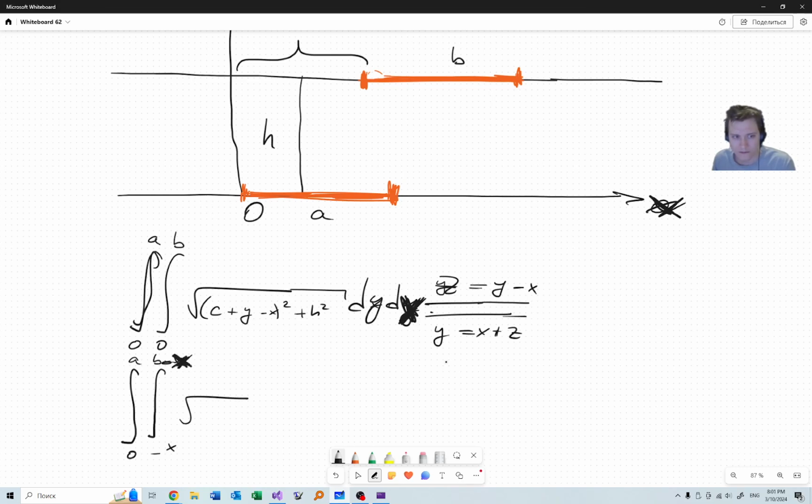And now we have square root of c plus z squared plus h squared. Now we can swap the integrals.